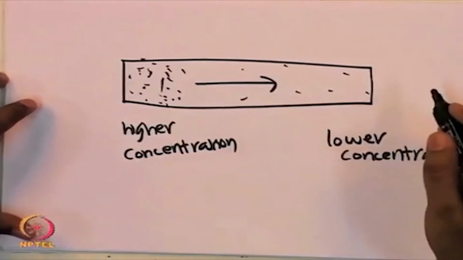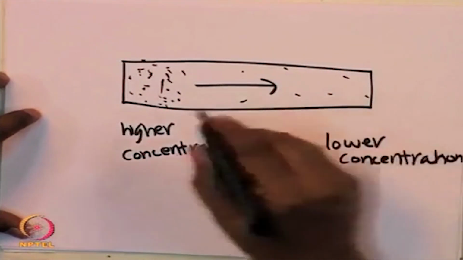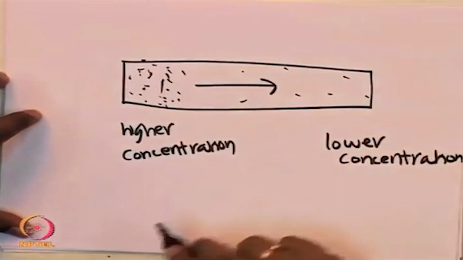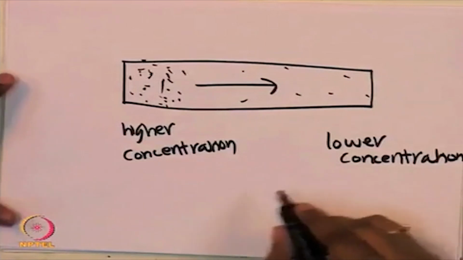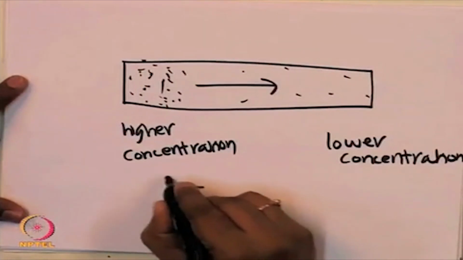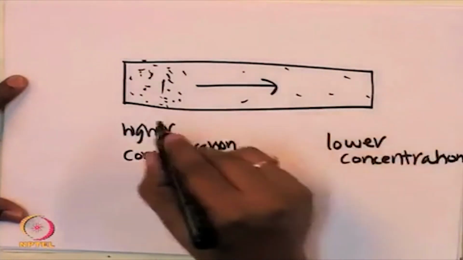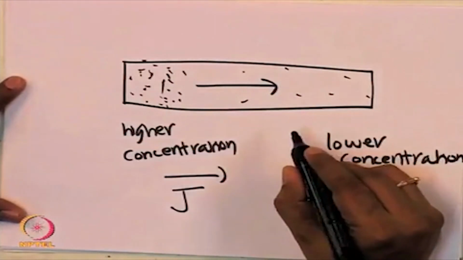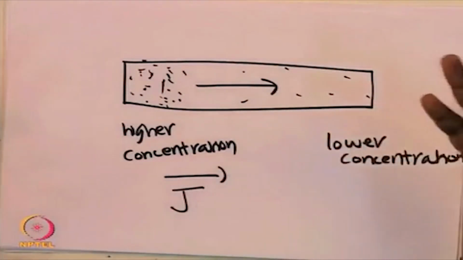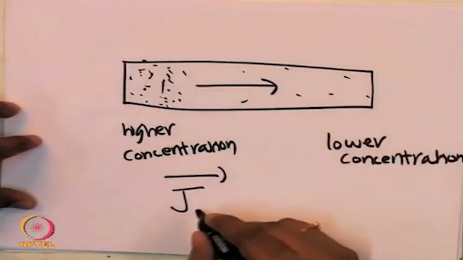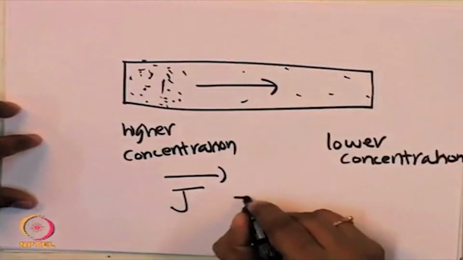This phenomenon, that things will flow from higher concentration to lower concentration, can be written mathematically through an equation. Let us say J is the flow or the current. By current I do not mean electrical current, it is just a flow.